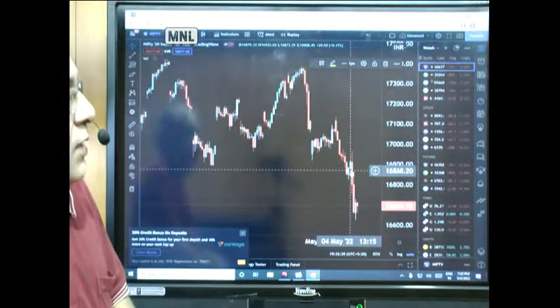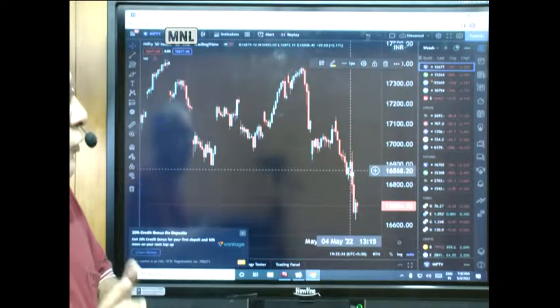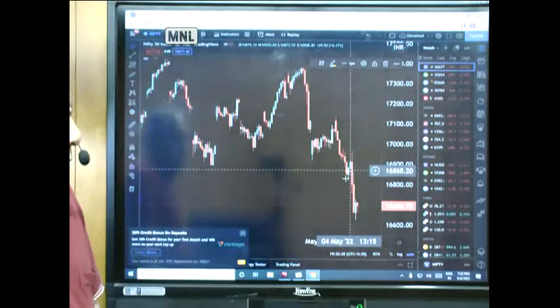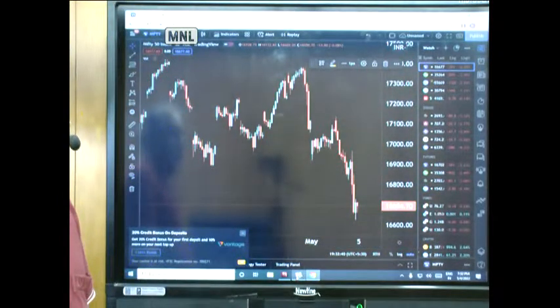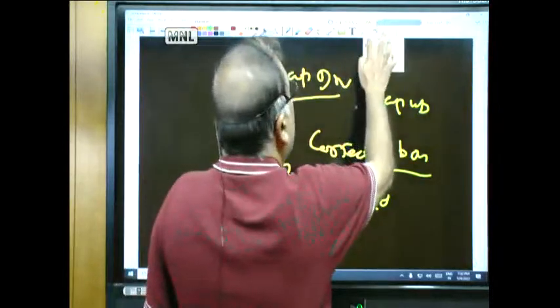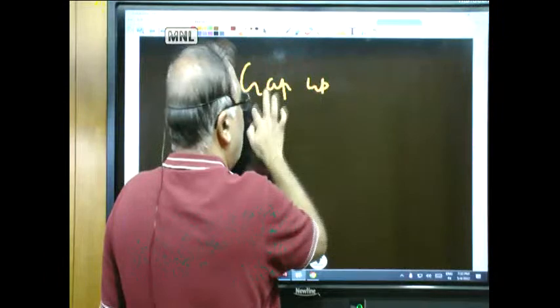You can use this 30 minutes bar itself to identify, also with the help of gap. Normally, if it is a gap up, you just look at the market every day morning. The easiest thing is, let us say it is gap up, what is the extent of gap?